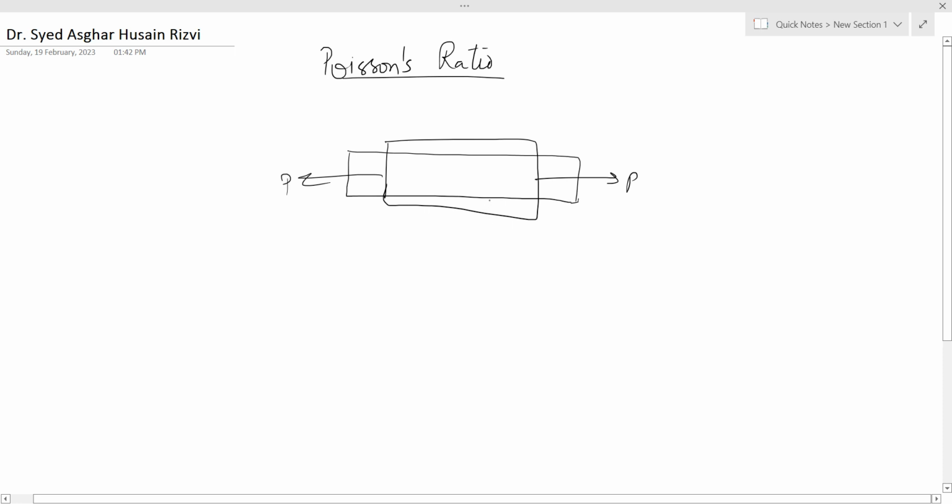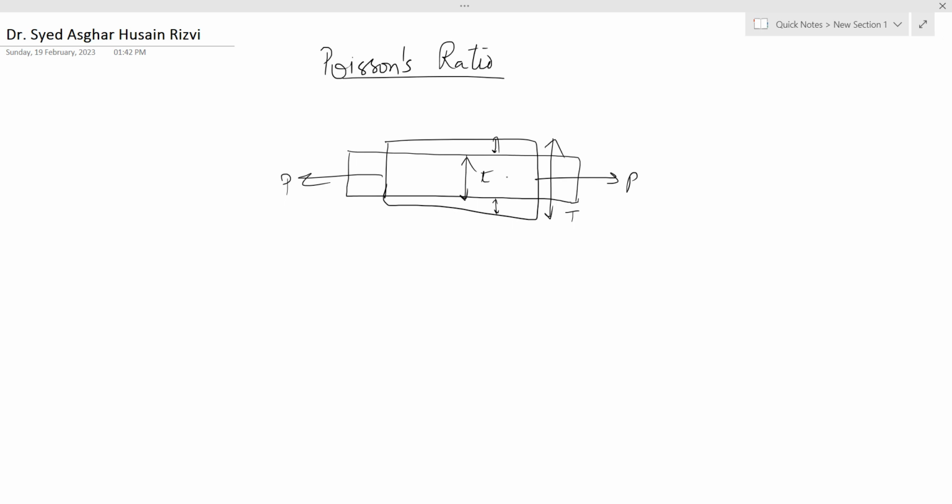So we can say that the length is increasing, but its thickness is decreasing. Initially the thickness was capital T and now it is a small t. So there will be a change in the secondary dimension or the lateral dimension or in the transverse direction, and its nature will be opposite to the nature of the primary strain.